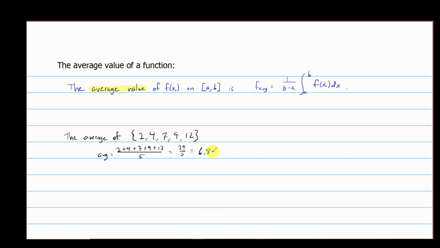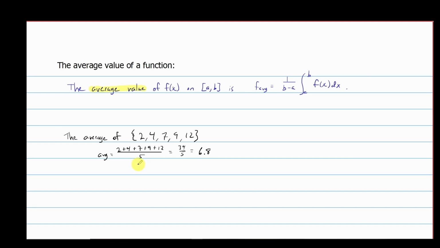If I had infinitely many numbers, this would break down because I can't add up infinitely many numbers. I would get infinity, and then if I divide by how many I have, that would also be infinity. I have infinity over infinity, so that I get nothing.